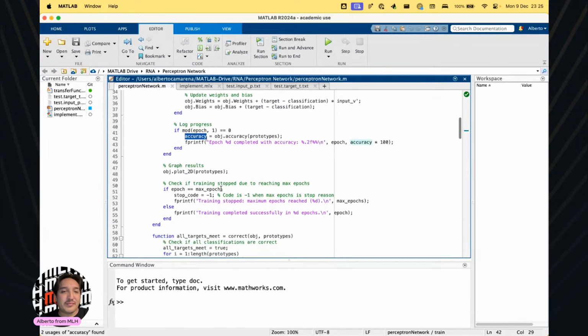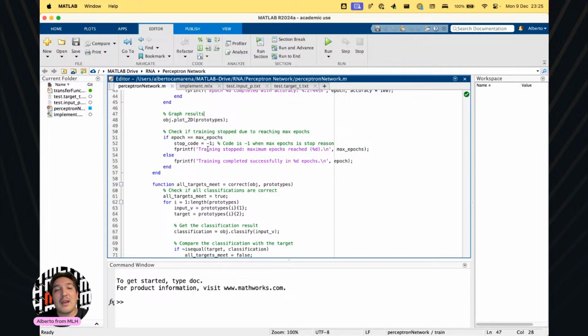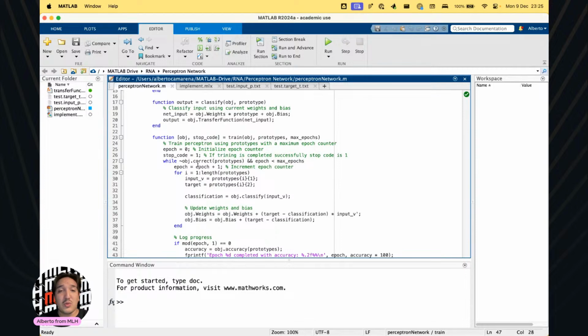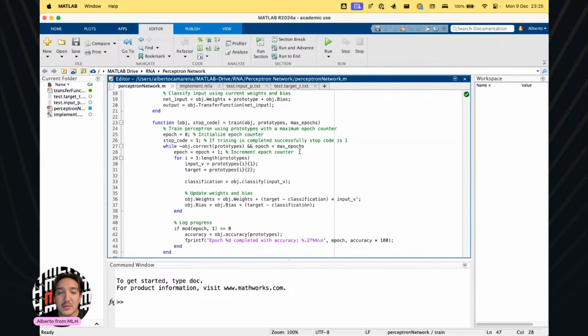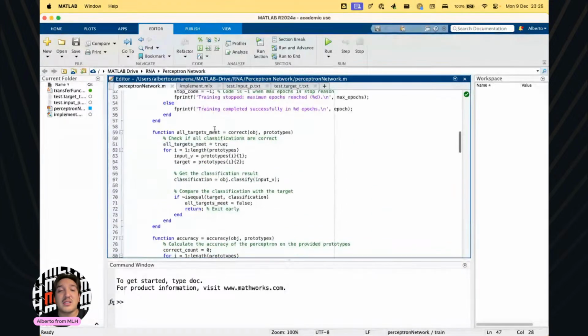Then we graph the results. Finally, we make a plot of the results. I'm going to show you this method. And at the end, again, we need to see if this training was stopped due to which one of these conditions: because max epochs were hit, or because all classifications are correct.